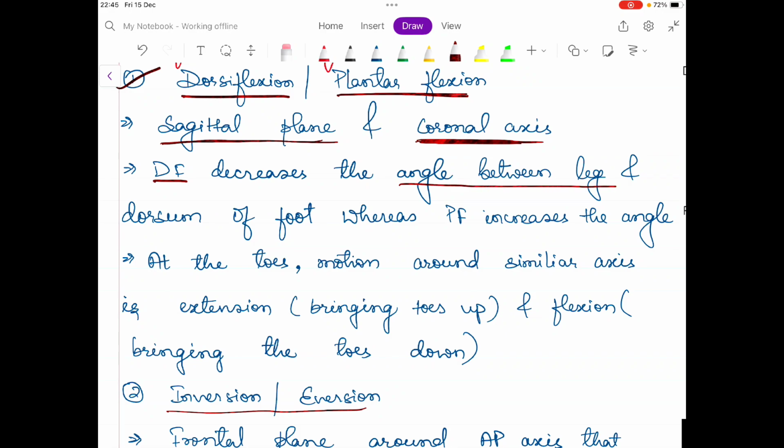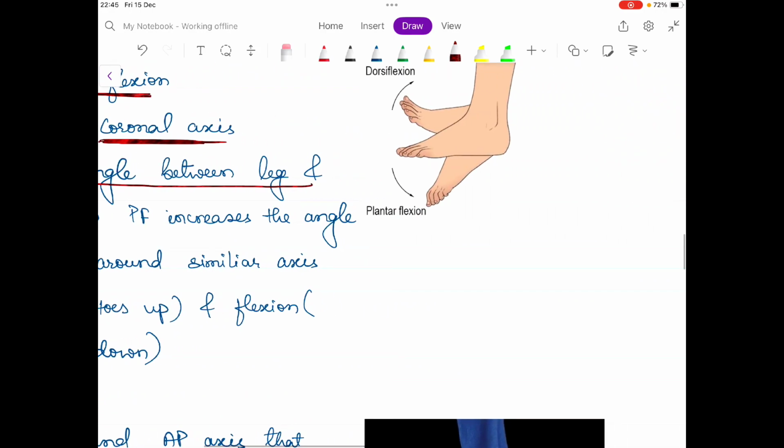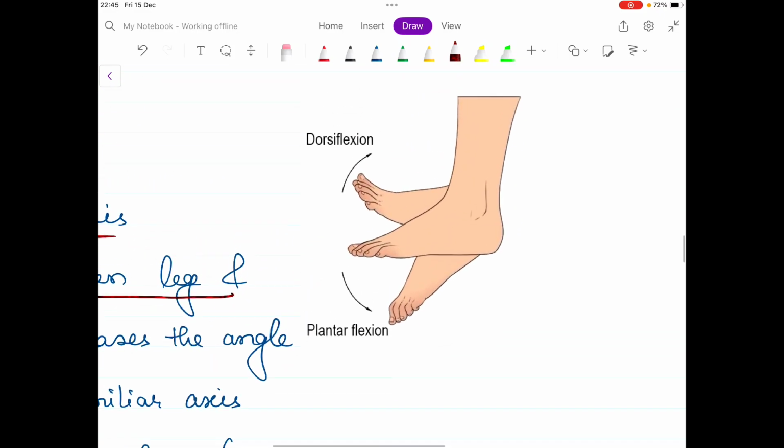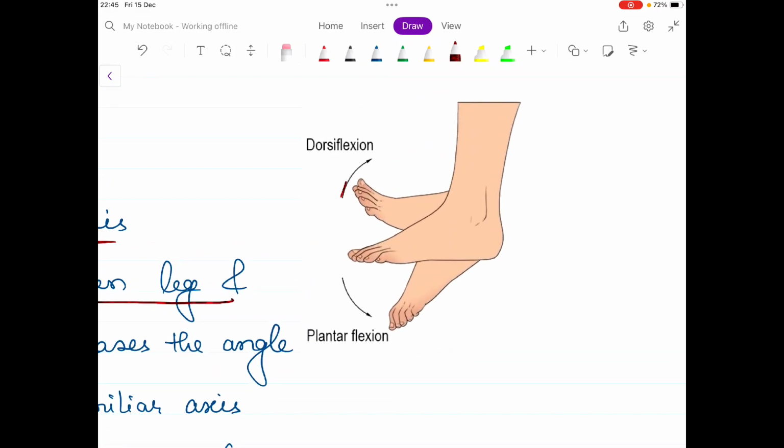Now what happens in dorsiflexion or plantar flexion is, during dorsiflexion, the angle between the leg and the dorsum of the foot decreases. Just see this diagram. While performing dorsiflexion, this one here is the normal angle, but when the dorsiflexion has been completed, the normal angle is decreased.